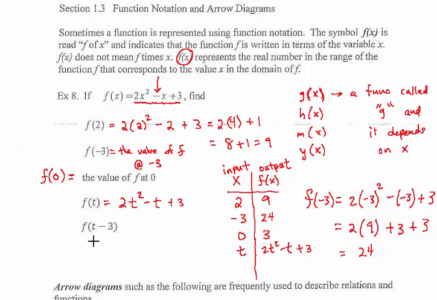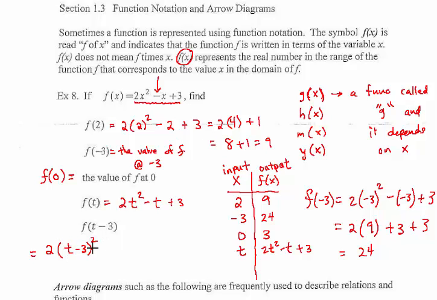Now, instead of putting a letter, okay, so we've put numbers, we've put a single letter, and now for this last example, we're given an expression, t minus 3, a variable and a number. So we do the same thing as before. We replace our x with t minus 3.